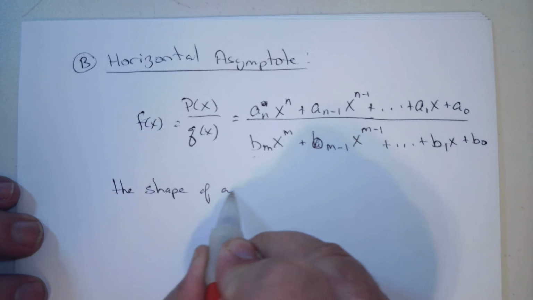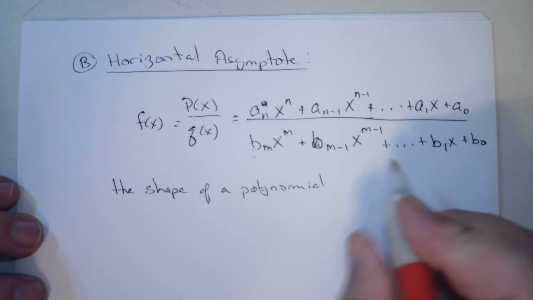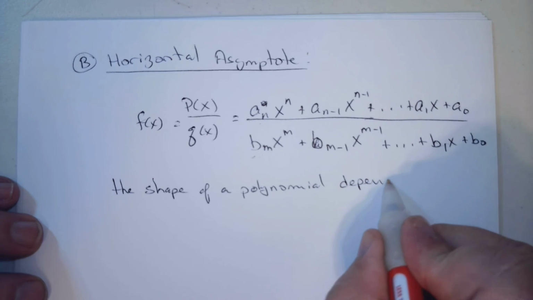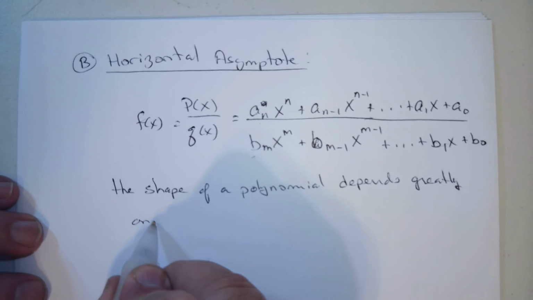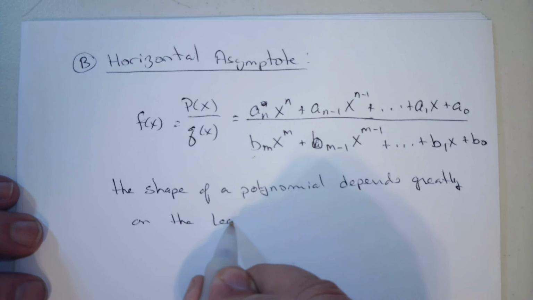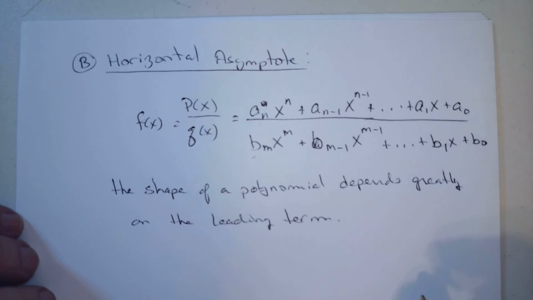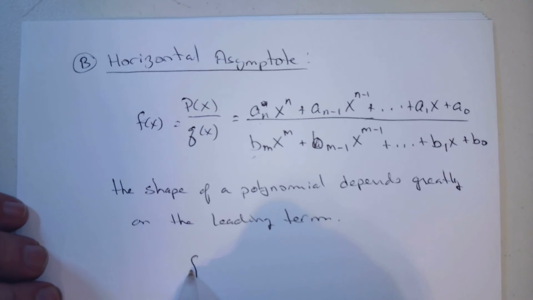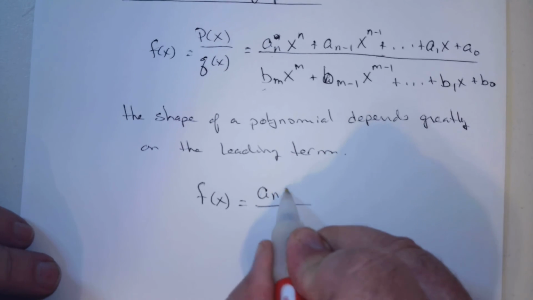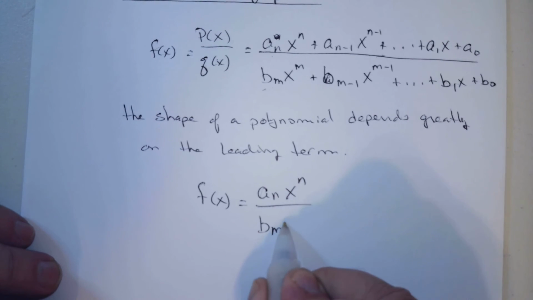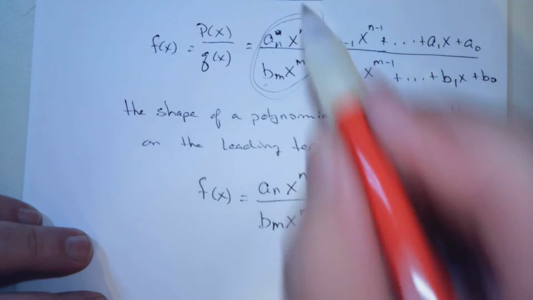The shape of a polynomial depends greatly on the leading term. So all we have to concentrate on is the leading term.